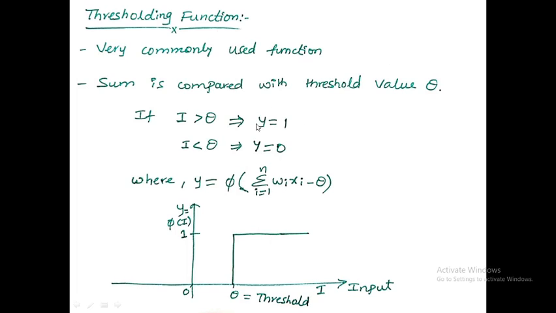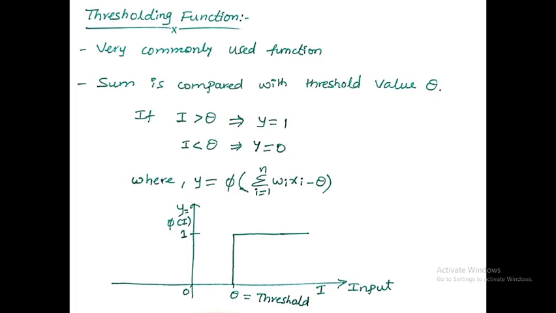So this is a thresholding function. It's simple to understand. If your weighted sum is greater than the threshold value, you will get the output; otherwise, you will get 0 output. Simply, the neuron will be activated or the neuron will be off. Otherwise, your output is 1 or output is 0.